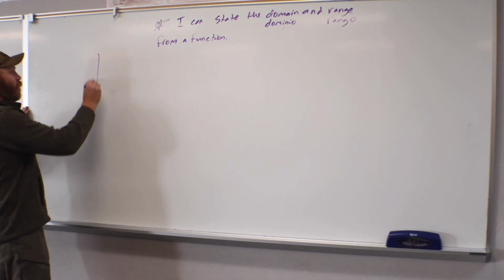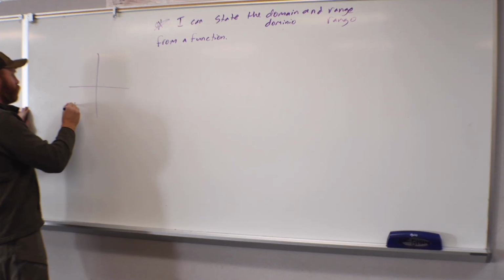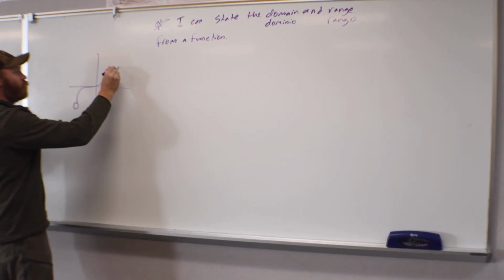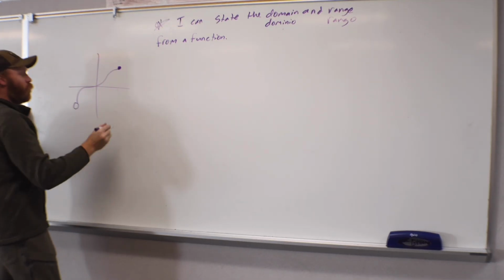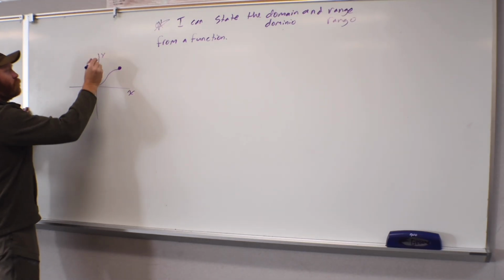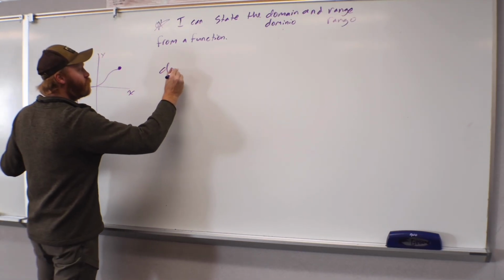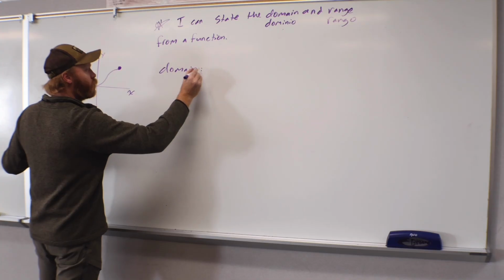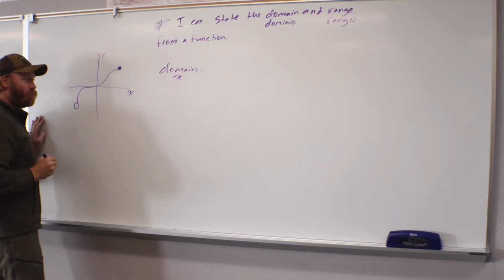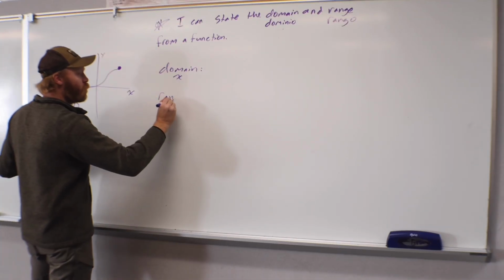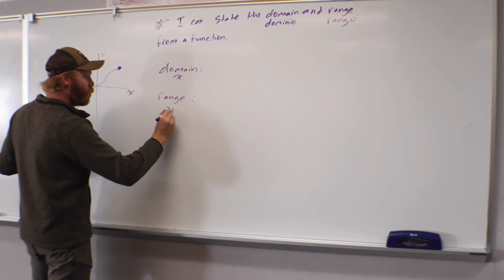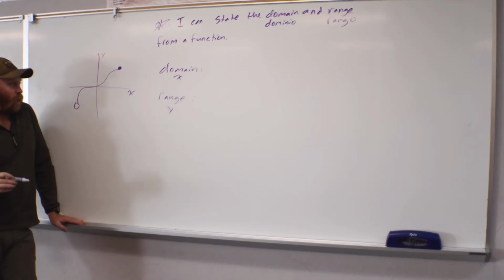All right, to start off with, if we're looking at it graphically, there's a couple things we need to know. First of all, our domain is going to be all of our x values, and our range is going to be all of our y values.